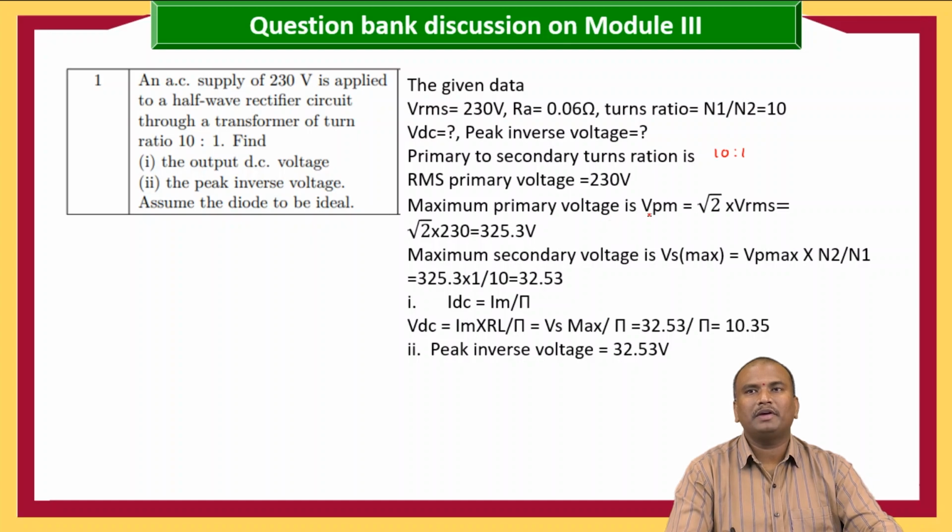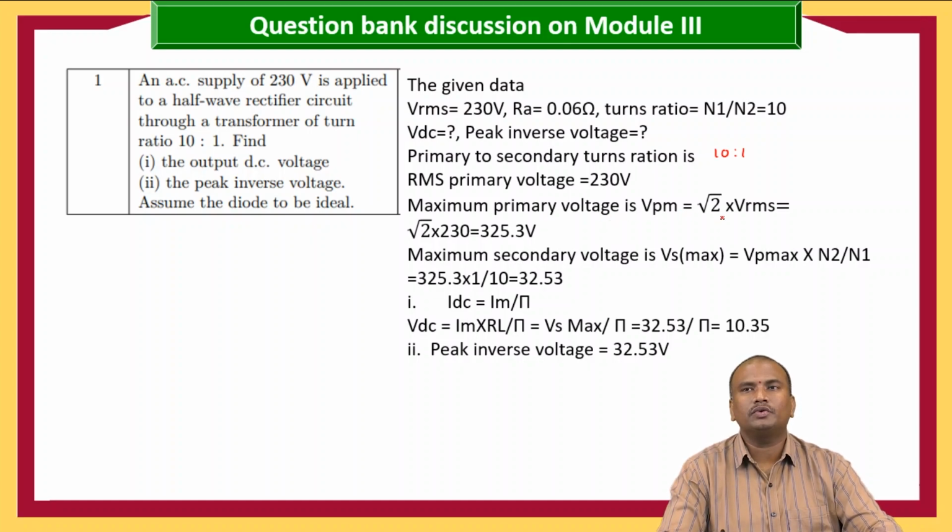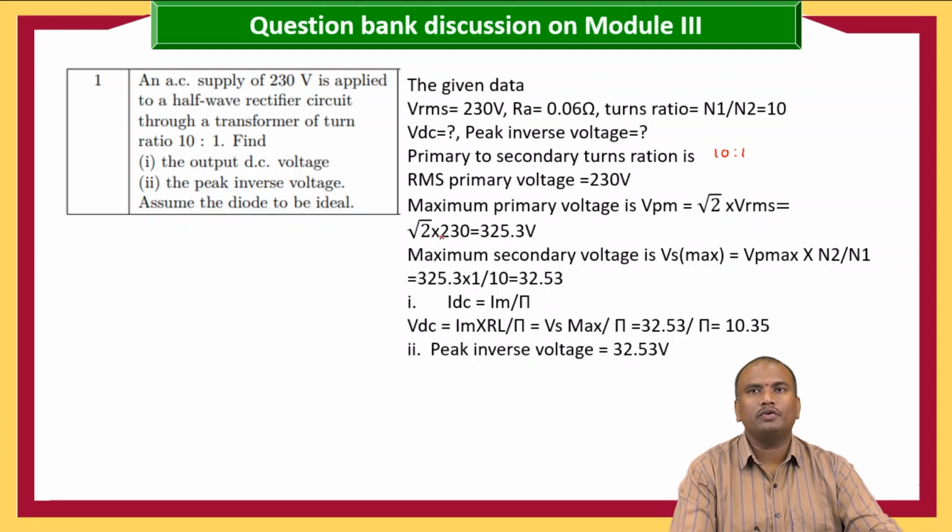The maximum primary voltage will be equal to root 2 times the VRMS, which is equal to root 2 into 230, which is equal to 325.3 volts. And the maximum secondary voltage Vs max is equal to Vp max into N2 by N1, which is equal to 325.3 into 1 by 10, which is equal to 32.53.